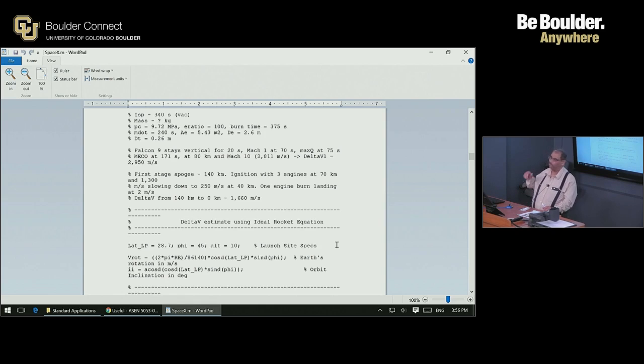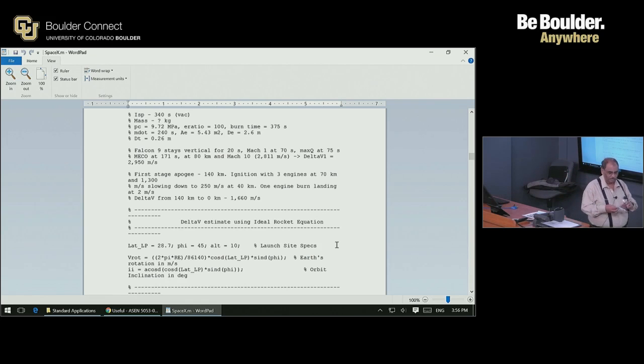So I want you to know what the engine looks like, what it's capable of doing, what the launch vehicle looks like, what its capability is, and so on. So that is all I want you to do. In other words, the green portion of that SpaceX.m is what I would like you to gather. And then we'll use that in the future.